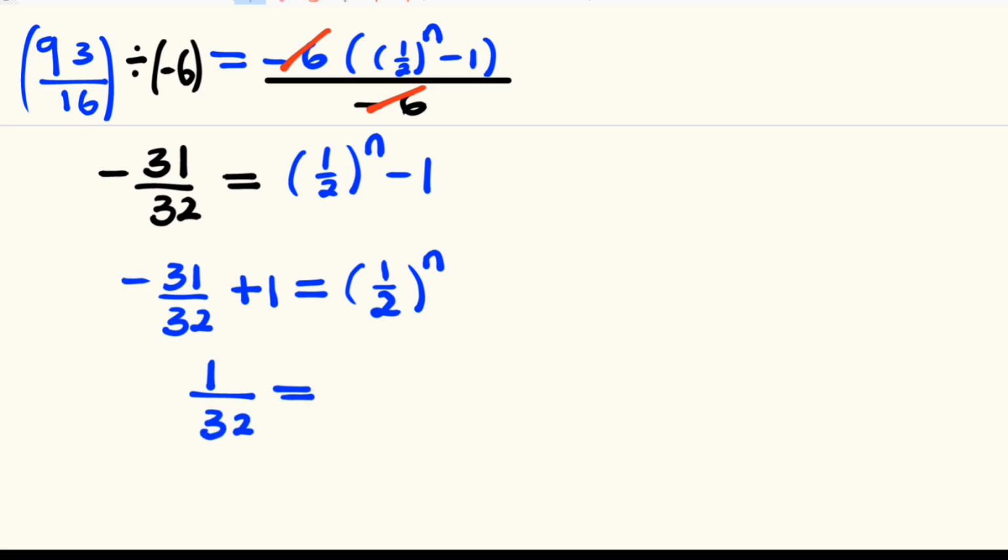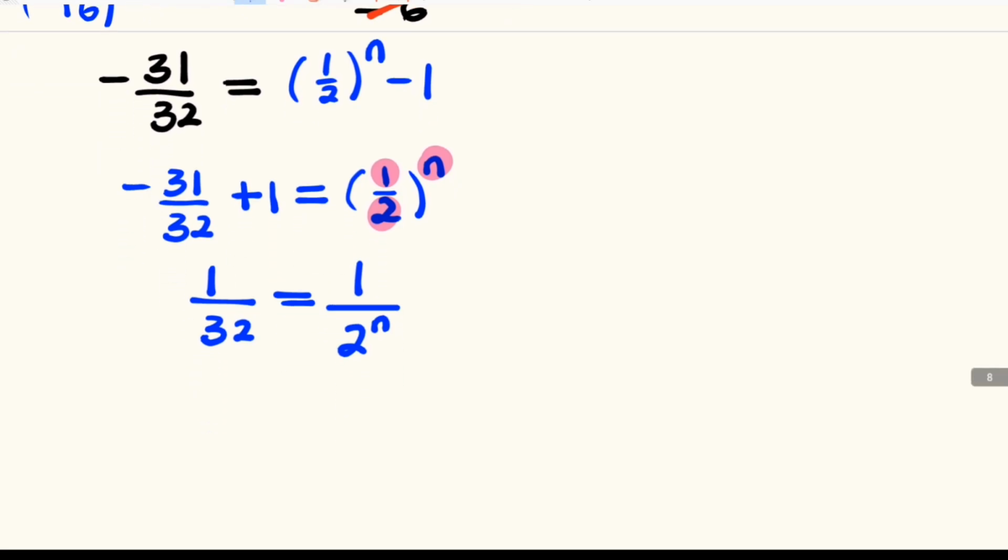And this is equal to, so that n will affect the 1 and the 2. So we will end up with 1 raised to the power n divided by 2 raised to the power n, but 1 raised to the power n is just equal to 1.